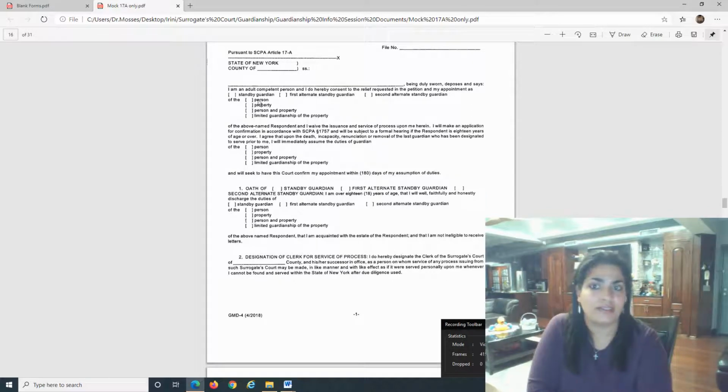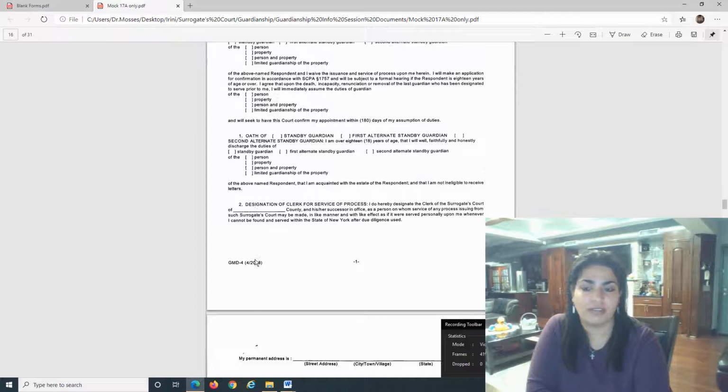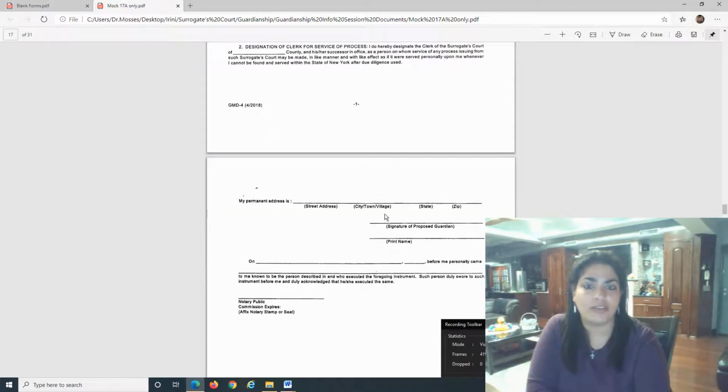So it's got to be consistent. If you're the standby here, you put down standby here, and you are saying that you are faithfully going to discharge your duties of standby of the person, and you're going to designate Richmond County, the surrogate's court here, for service of process if you're not able to be served, your address as the standby, and the proposed signature of the proposed guardian here gets notarized.